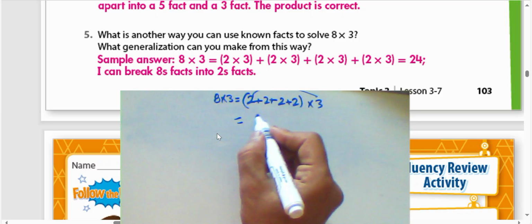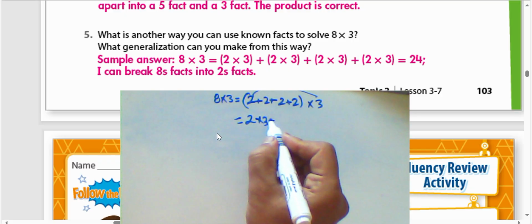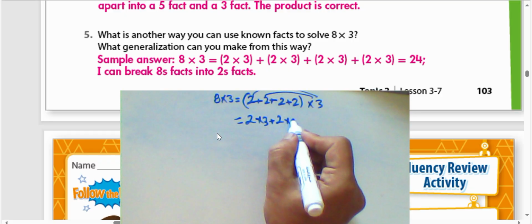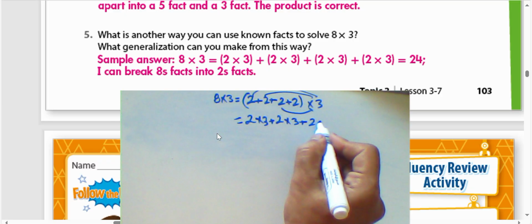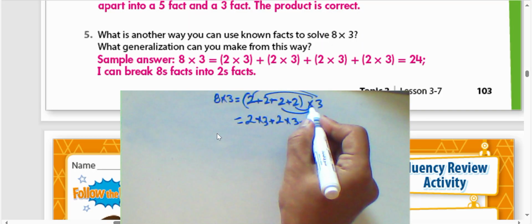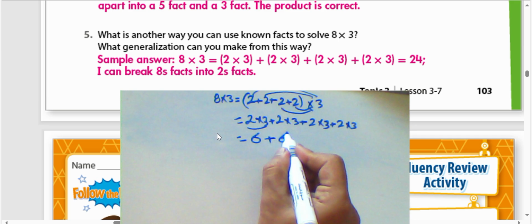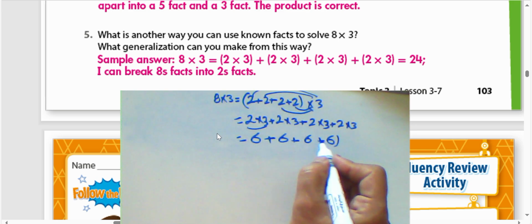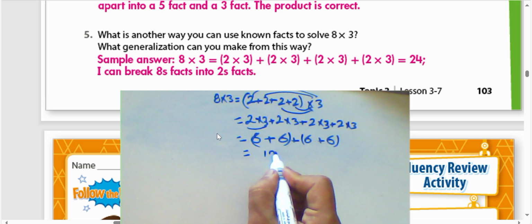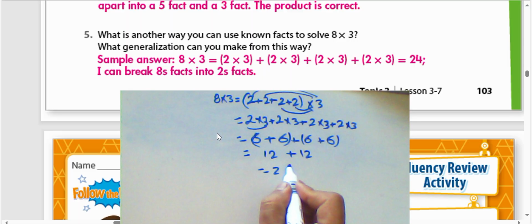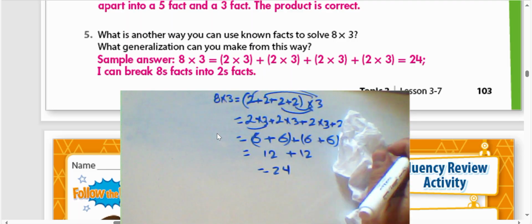Then write 2 times 3 four times. Each 2 times 3 is 6. 6 plus 6 is 12, 12 plus 12 equals 24. Then the total answer will be 24.